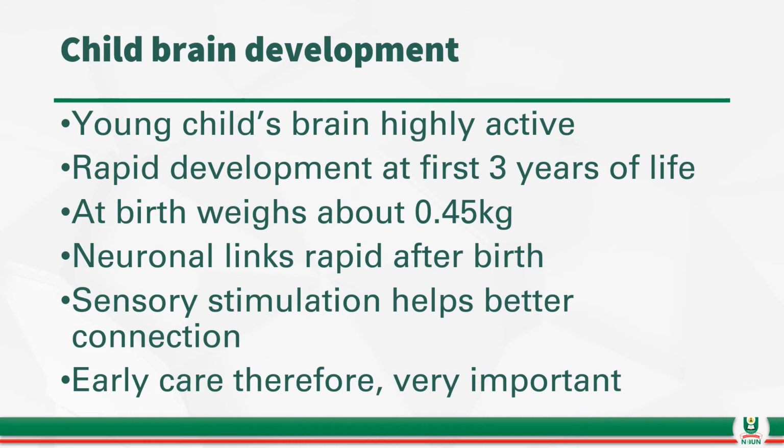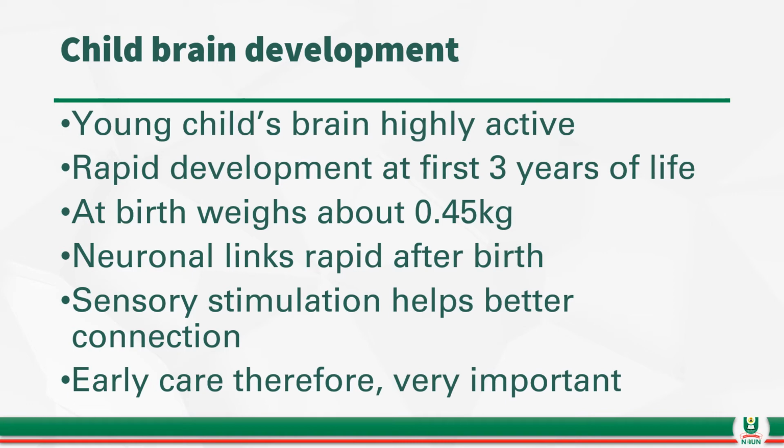So these links of neurons, or neuronal cells, stimulating them, having sensory stimulation of such a child, helps the neuronal links to connect even more. And that helps a child in terms of development and well-being.